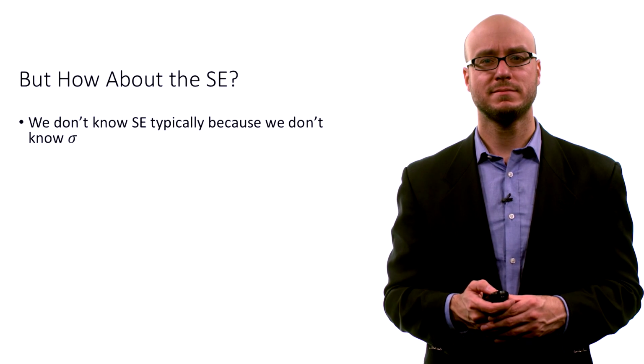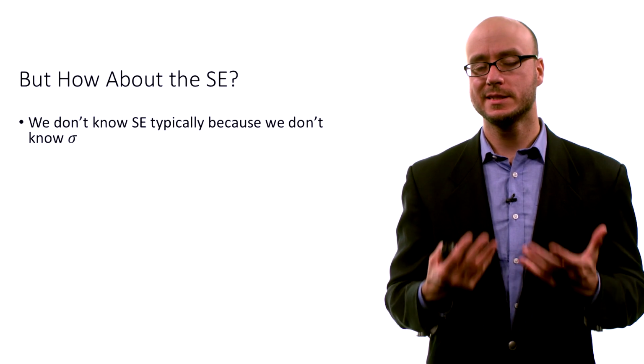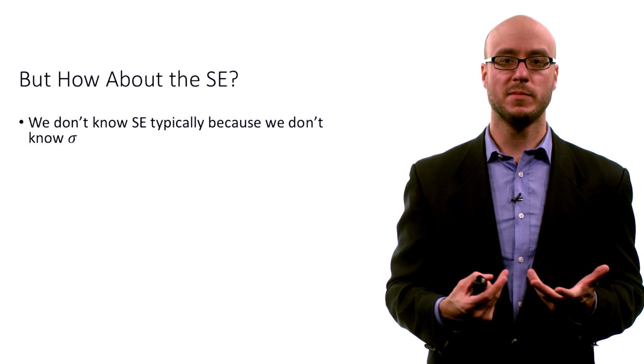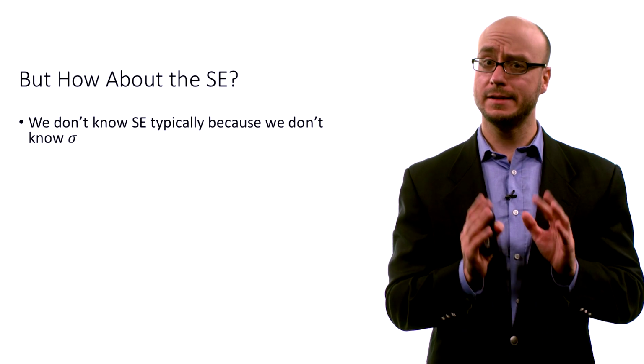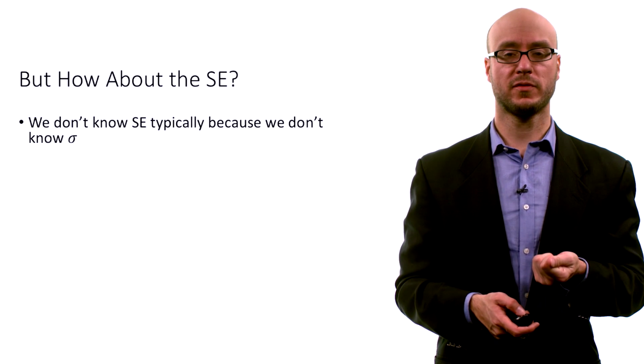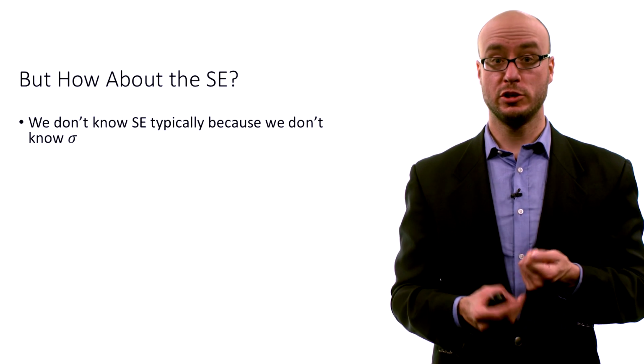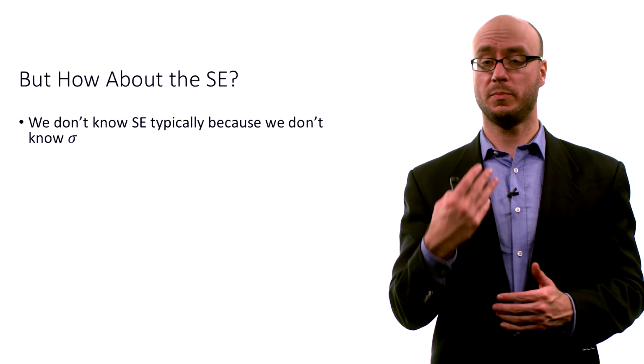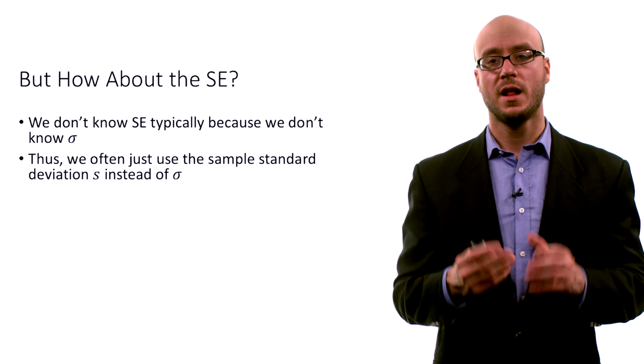So we might say the standard error in this case is based on sigma divided by the square root of n. We typically don't know the population standard deviation. When you gather a single sample from a population, you just have the sample standard deviation. You don't know the population standard deviation.